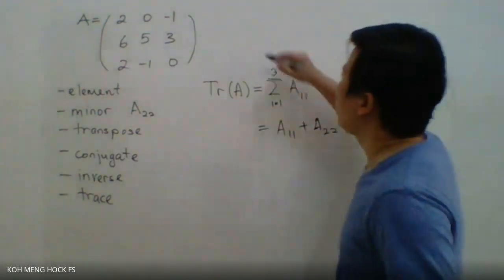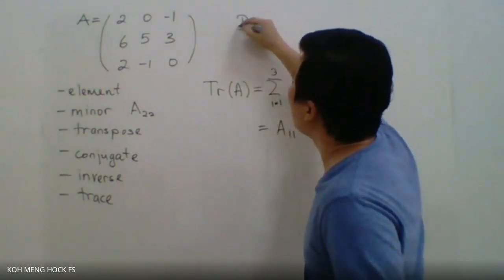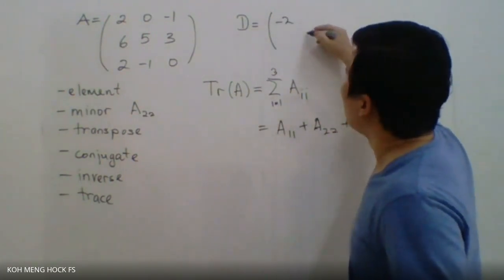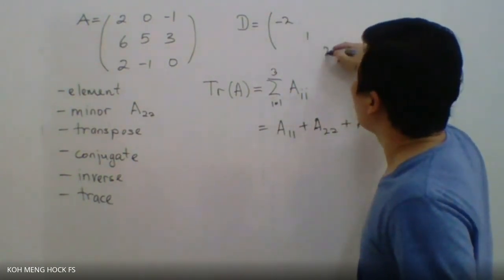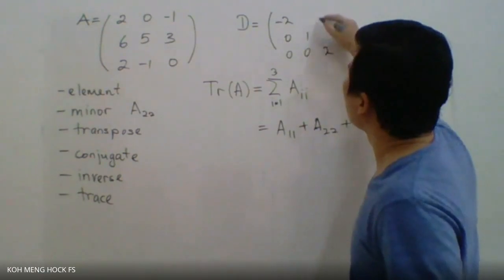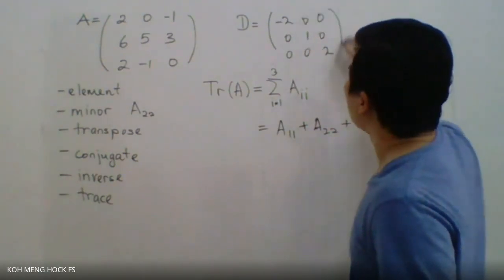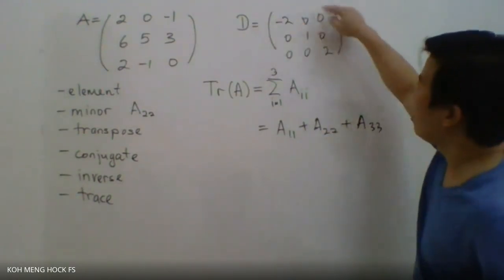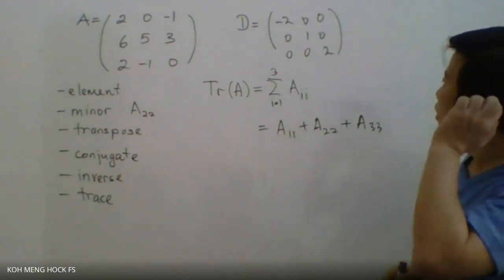Let's say you have a D, with the diagonal entries -2, 1, 2 and 0 everywhere else. So this is a diagonal matrix, right?